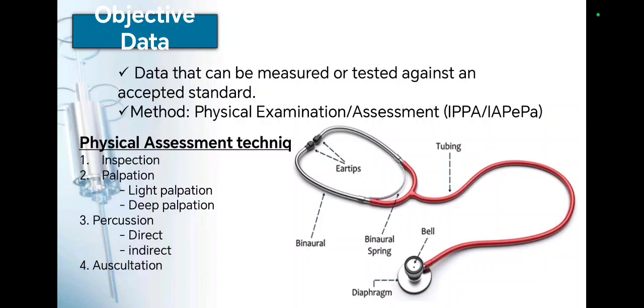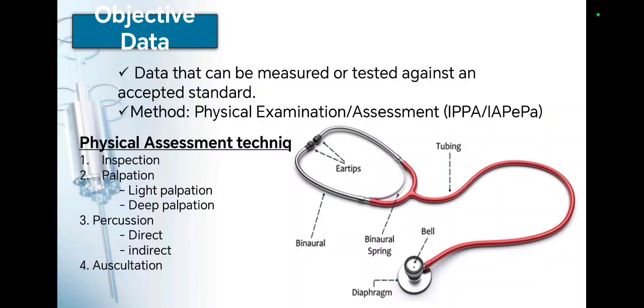Resonance is the percussion sound that is assessed when percussing the lungs, the normal lung tissue. While your hyperresonance, these are percussion sounds heard upon percussing hyperinflated lungs, such as in a patient with chronic obstructive pulmonary disease or COPD. Okay?